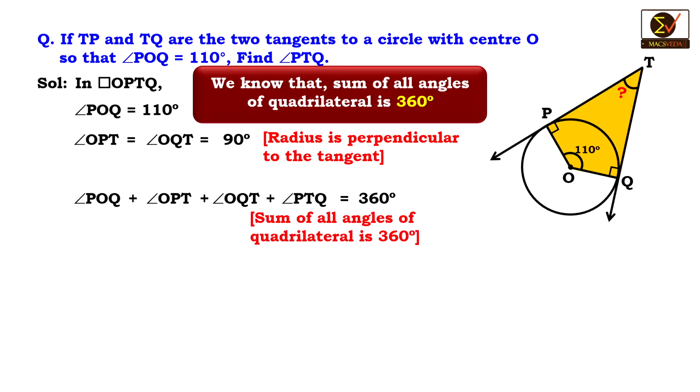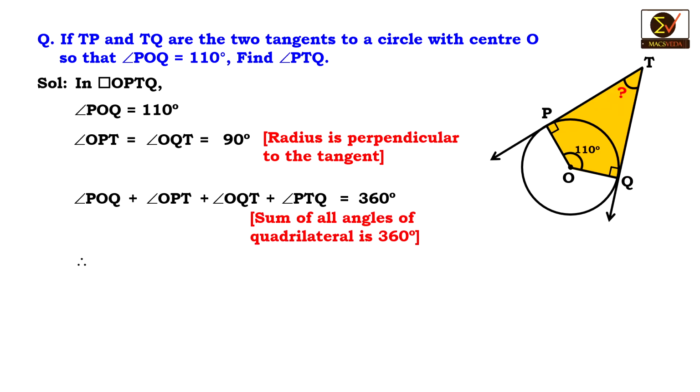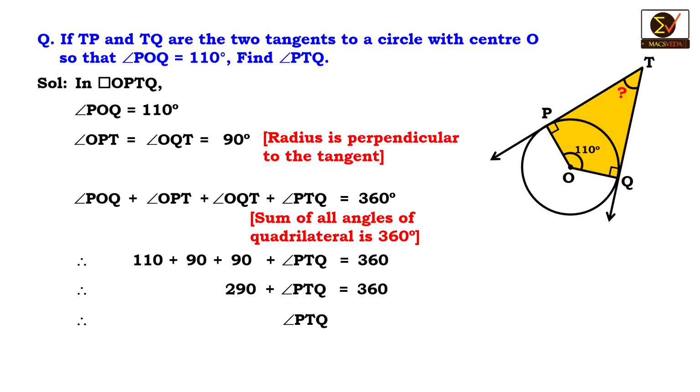Substitute the values: 110 plus 90 plus 90 plus angle PTQ equals 360. Adding them we get 290 plus angle PTQ is 360 degrees. Therefore, angle PTQ is 360 minus 290, which is 70 degrees.